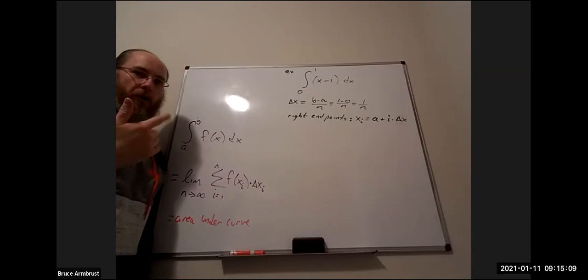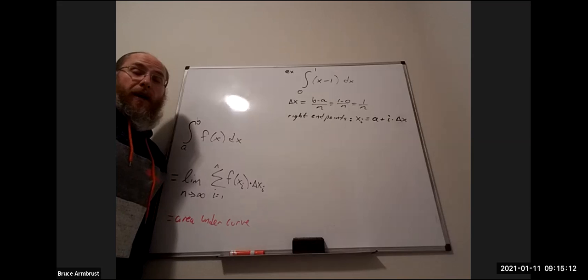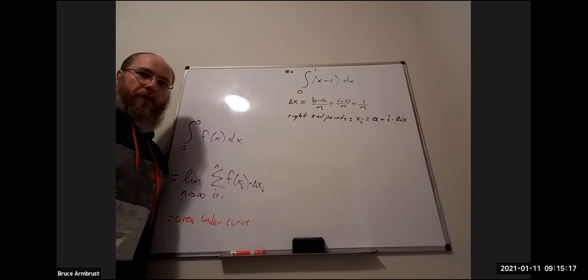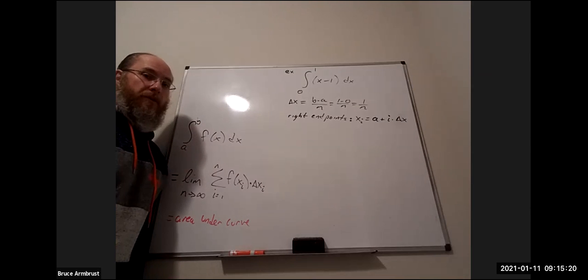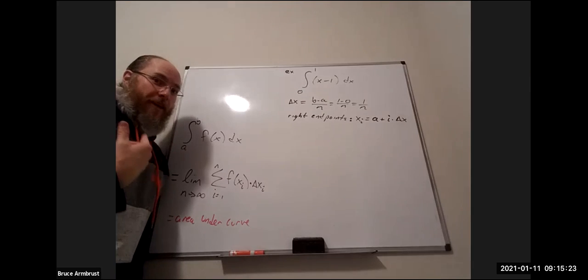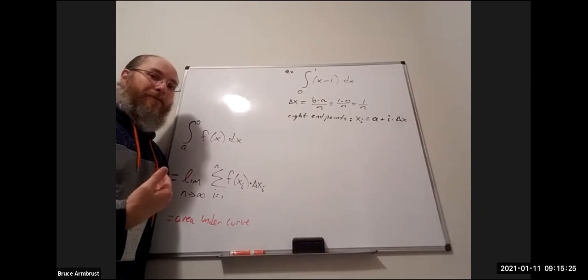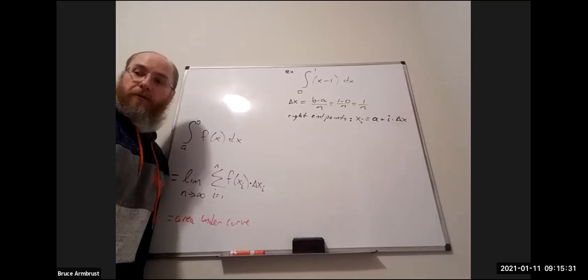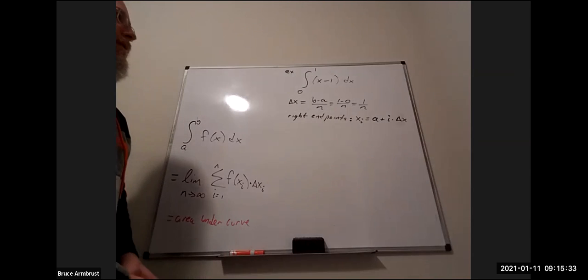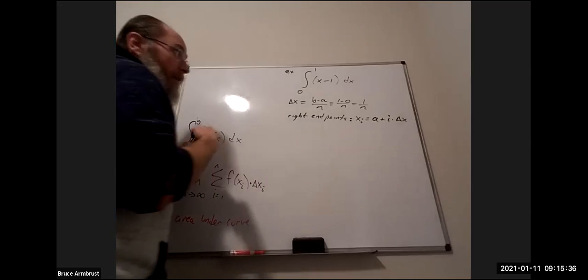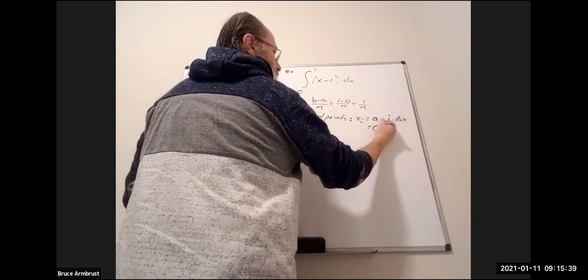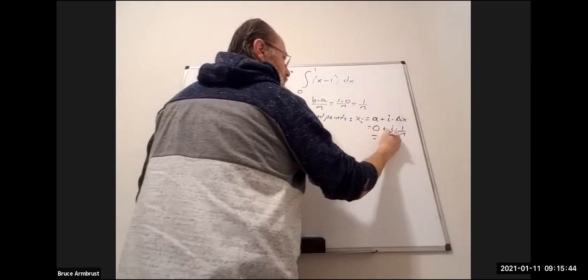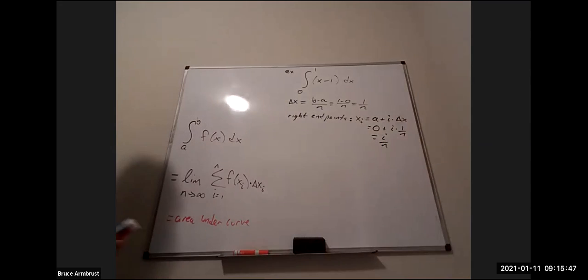Let me do it generically. If you use right points, we're always plugging in a plus i times delta x. If you use left endpoints, it's a plus i minus 1 times delta x, kind of like we saw in those homework problems. But if I'm going to actually evaluate this limit, I want to make it easy on myself, which is why I just do i times delta x instead of i minus 1 times delta x. So in this specific example, this is going to be 0 plus i times 1 over n, or i over n.